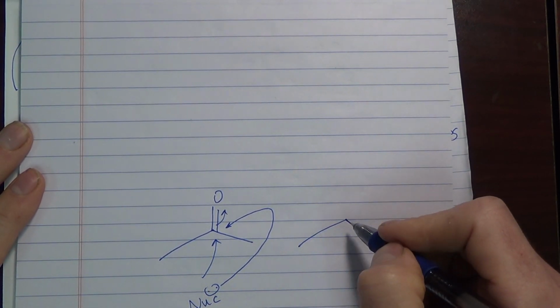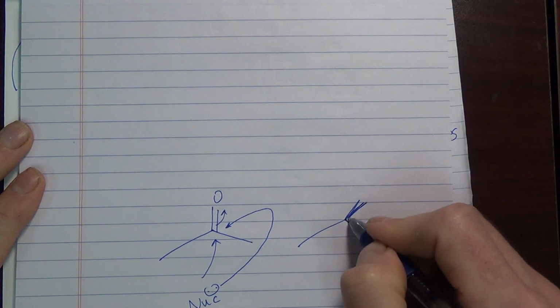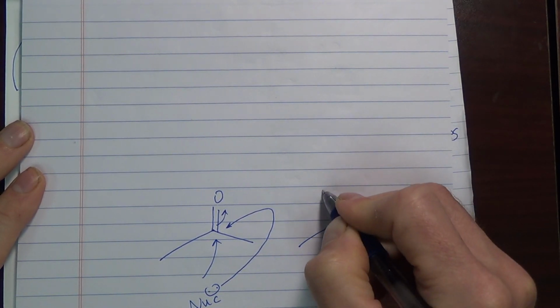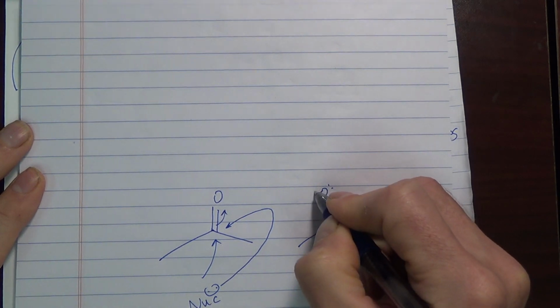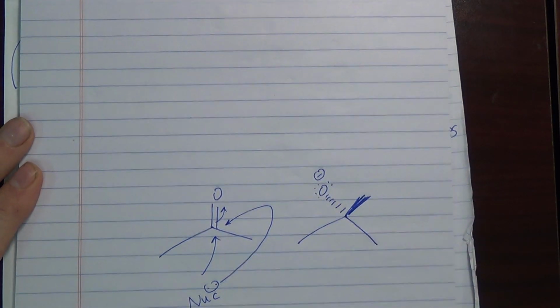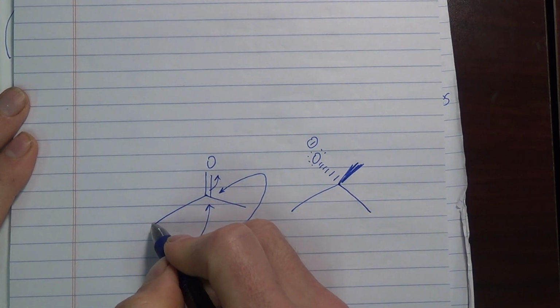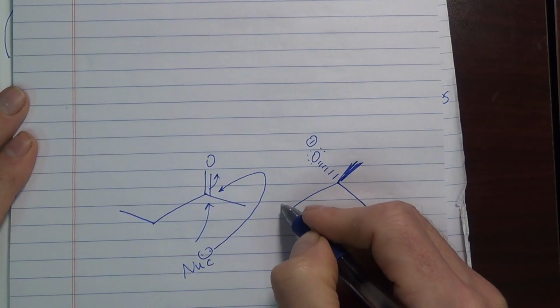And the nucleophile, if it comes from the front, it would be forward, and it will push that oxygen back. Let's make this chiral. That's not chiral right there, but now it is.